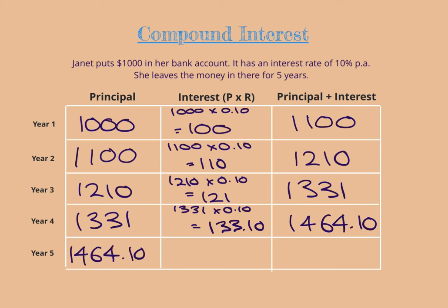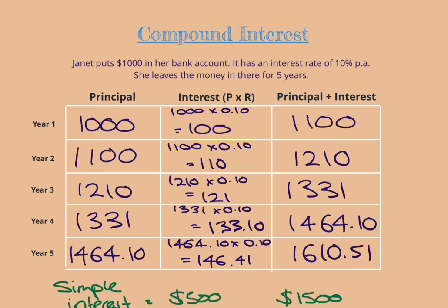She's going to earn 10% on that, so 1,464.10 times 0.10. So in her fifth year, she'll earn $146.41. So that means at the very end of her 5 years, when she goes to take her money out again, she'll have a total of $1,610.51.